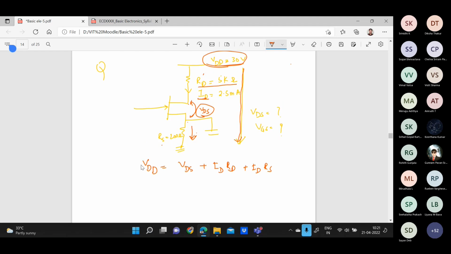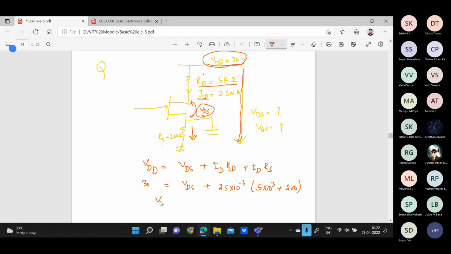So we know the values: 30 volts is this one. We have to calculate the value of VDS plus ID, which is given to us as 2.5 into 10 raised to power minus 3. RD and RS are also known to us. You can take ID common and apply 5 kilo ohm, 5 into 10 raised to power 3, plus 200.